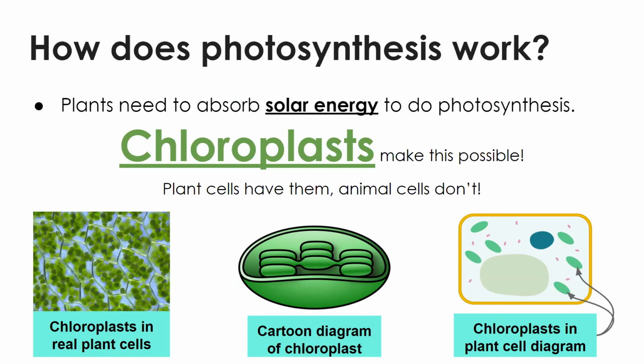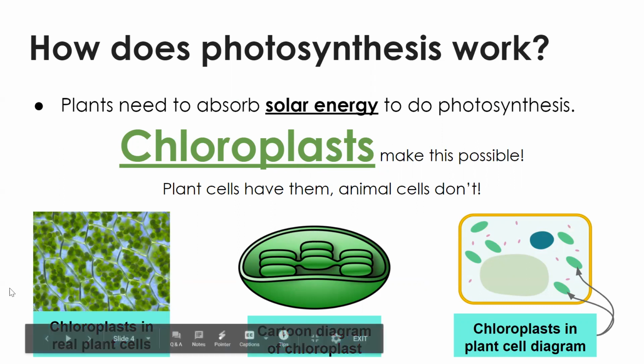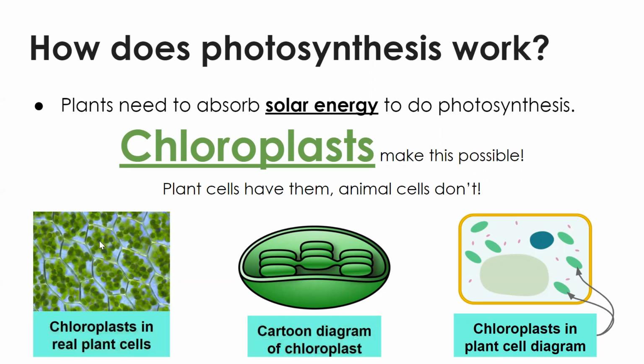We have to get our food source from somewhere else. But plants are able to make their own food. Chlorophyll, which is a pigment in the chloroplast, allows the plant to absorb that solar energy. It also makes the plant green. So look at these chloroplasts in these plants. They're jam-packed inside that plant cell because the plant needs to make a lot of food for itself.